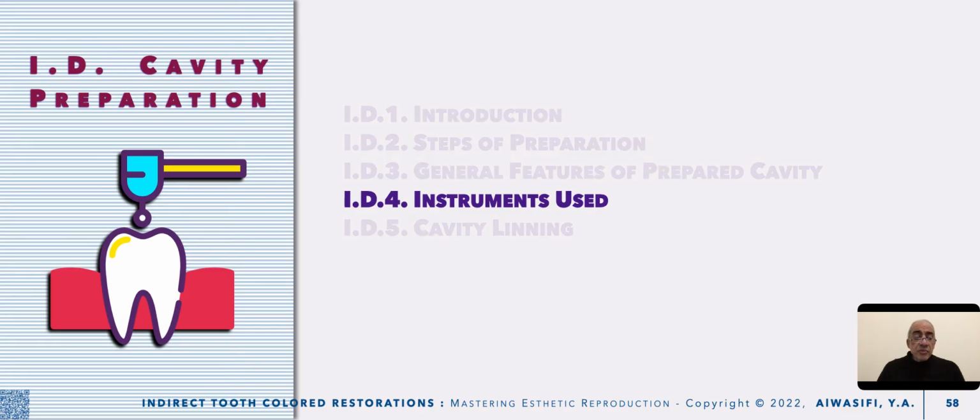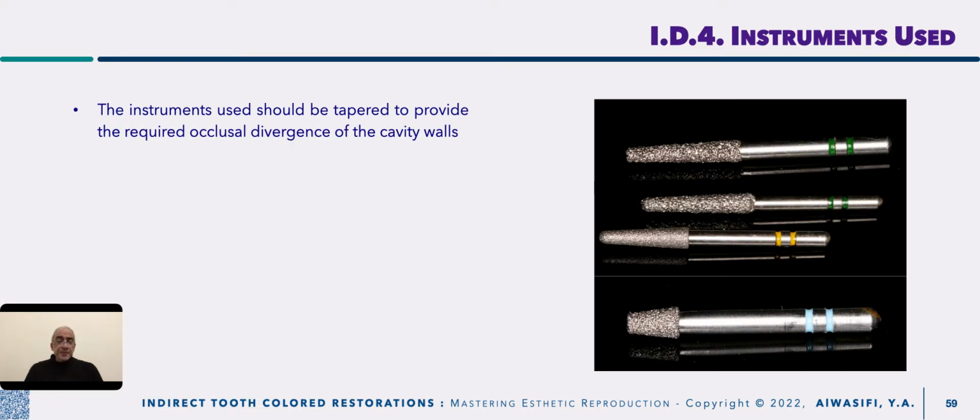What about the instruments used? Many manufacturers developed many diamond cutting tools with the required divergency. Just run it parallel to the long axis, and the tapering of your instrument will provide you with the required divergency.